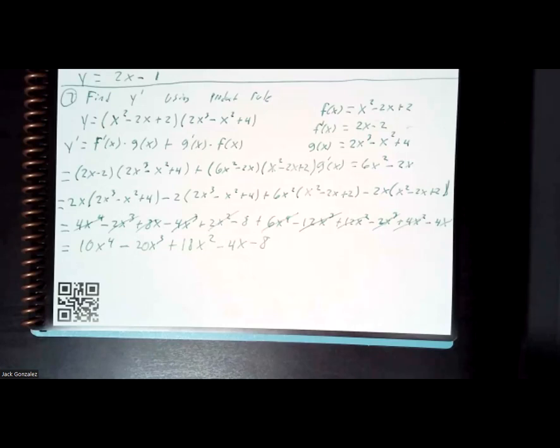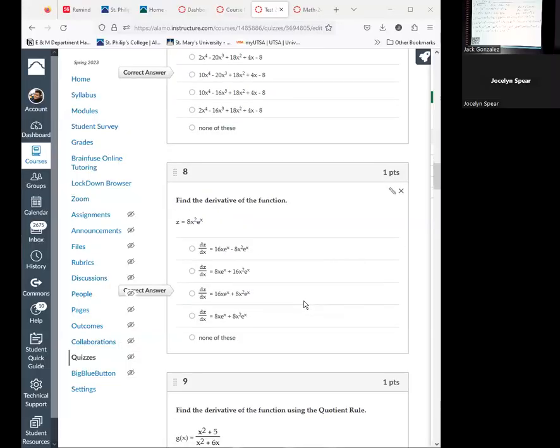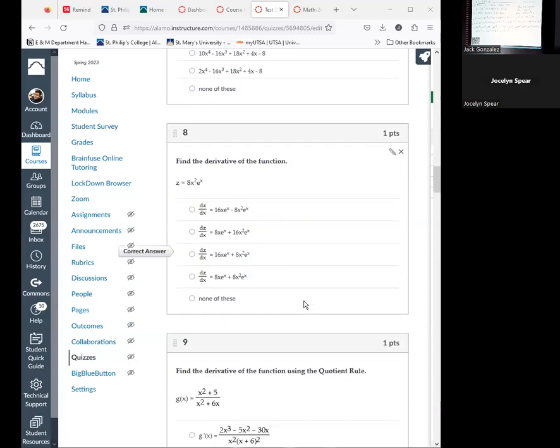All right. Moving on. 8 is another product rule. Can you see number 8? Yes.